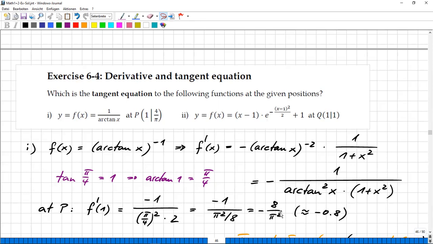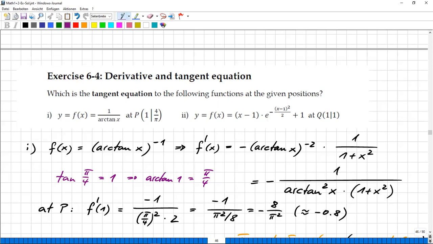By the way, I don't know if you know it, but I like it very much. There's a very good approximation for pi squared, which I always use for getting rough answers to questions if they are irrational. Now, pi squared is approximately equal to 10. This is quite high precision. I think the error is just 1 or 2% at maximum. So this is a very good estimation for pi squared.